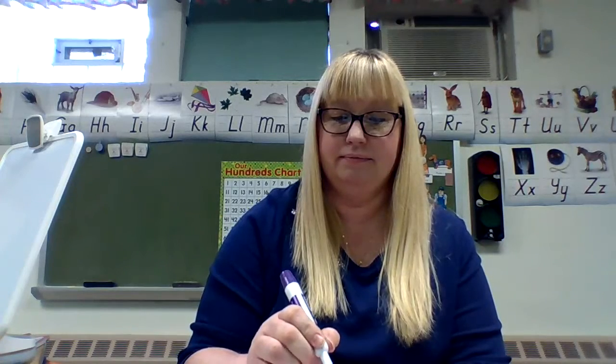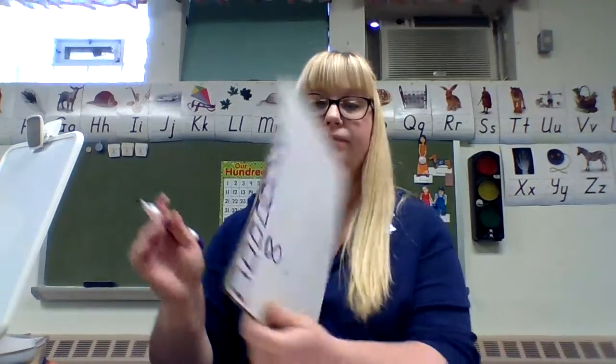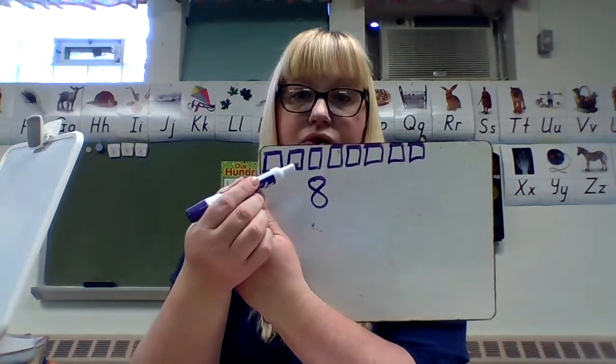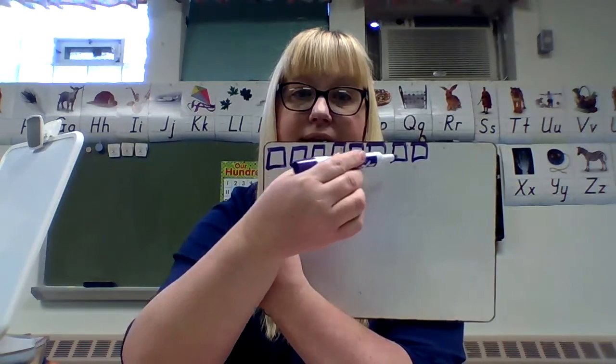All right. So let's say he planted 8 bags of corn. Okay. 8. There's 8 there. 1, 2, 3, 4, 5, 6, 7, 8.